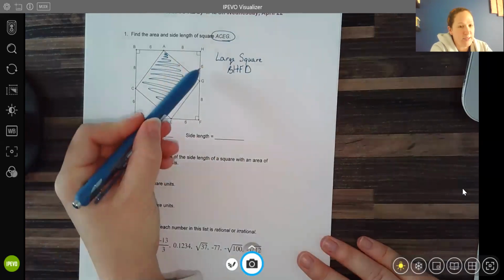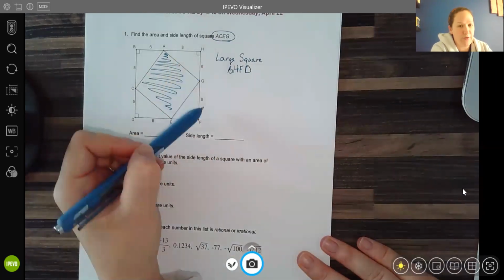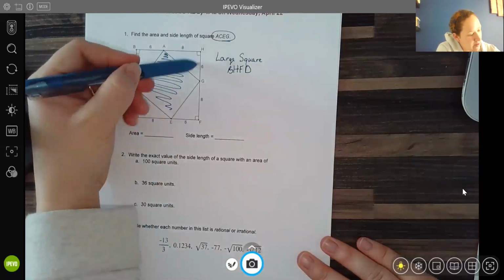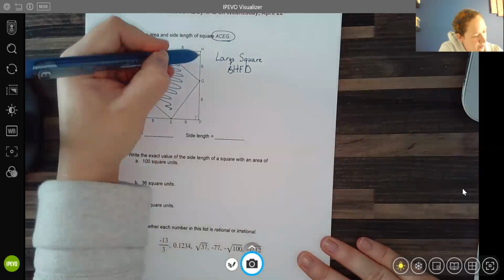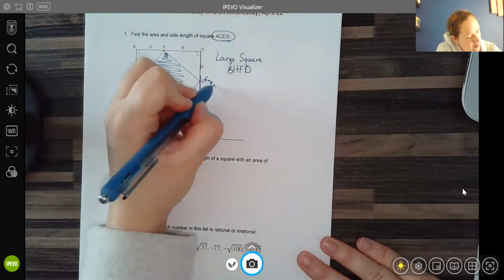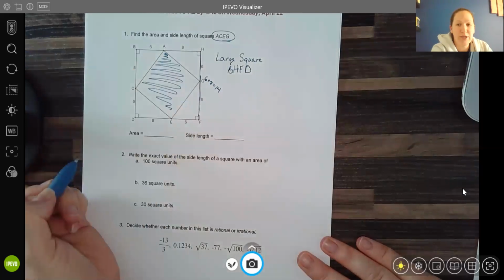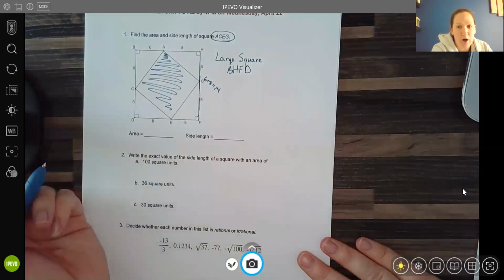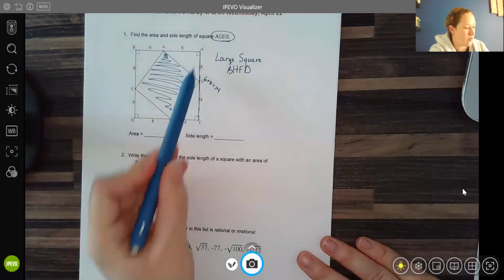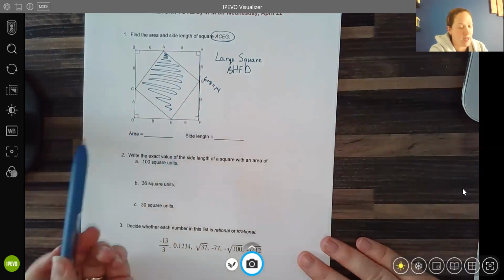And I know that this part of it is 6, and this part of my side length is 8. So if I want to know the side length for this larger square, I'm just going to add 6 plus 8, and that gives me 14. Now for a square, I know the side lengths are all the same. So if this side's 14, again, I'm still adding 6 and 8.